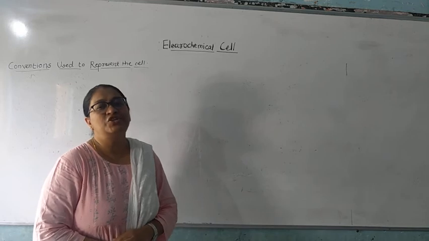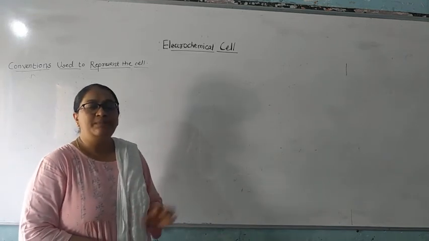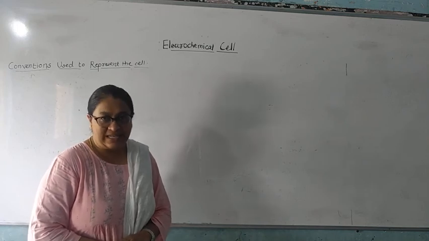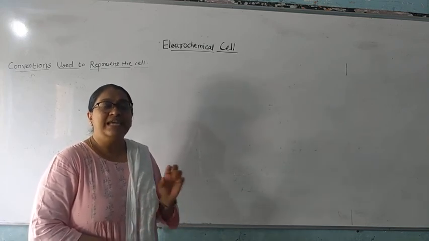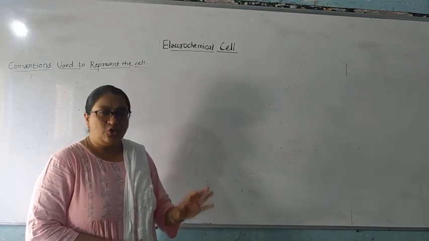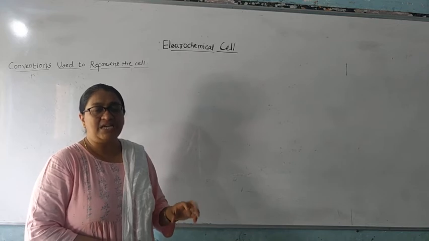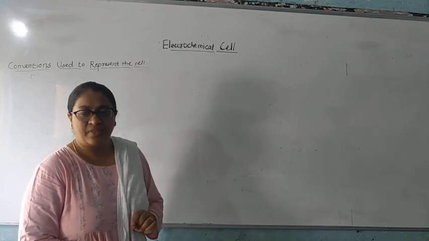The first convention is that while writing the electrochemical cell, the electrode with a negative charge, that means the anode, is always written on the left hand side.